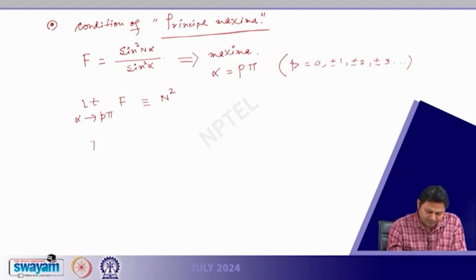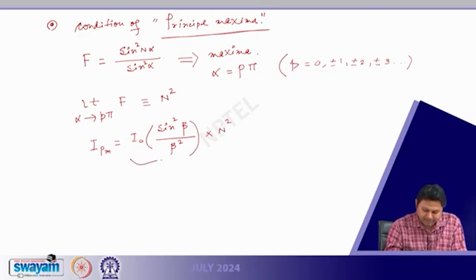So for the principal maxima, I write I_PM equal to I naught sine square beta divided by beta square, this term was already there, multiplied by n square.